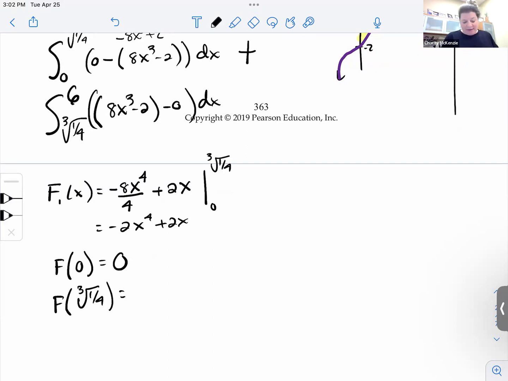So I'm going to take out my calculator. Just a second. So I'm going to do negative 2, and a parenthesis of, under math, there's a third root if you're on a graphing calculator, right? Enter third root of 1 divided by 4, for 1/4.